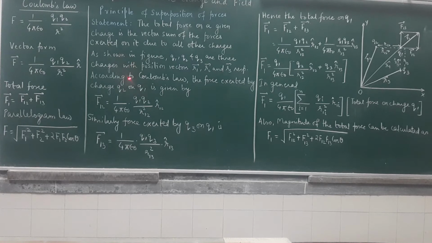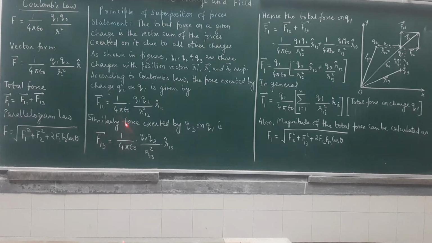So now we start according to Coulomb's law. We will first write the force acting between charge Q1 and Q2. They are placed at a distance r12 from each other, and a unit vector r12 is acting in the direction of force F12.